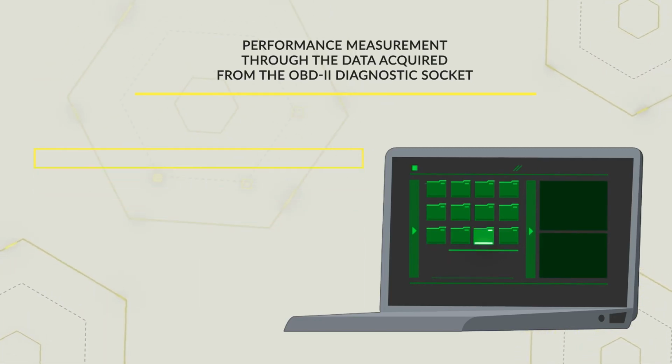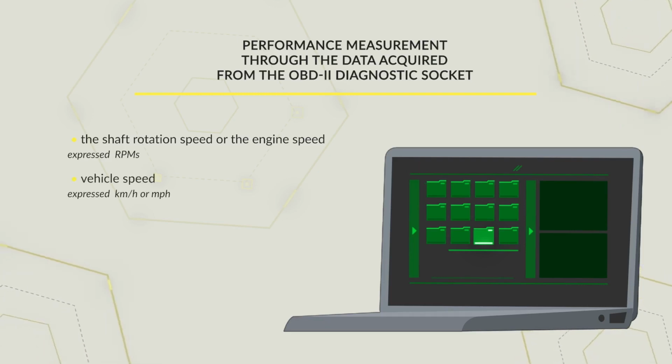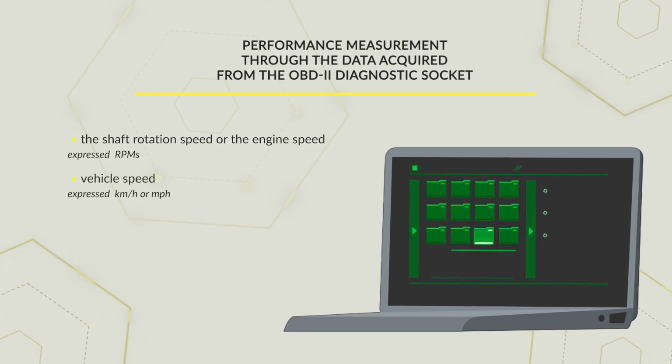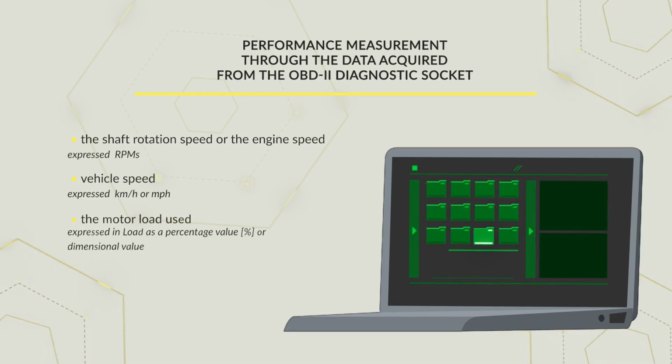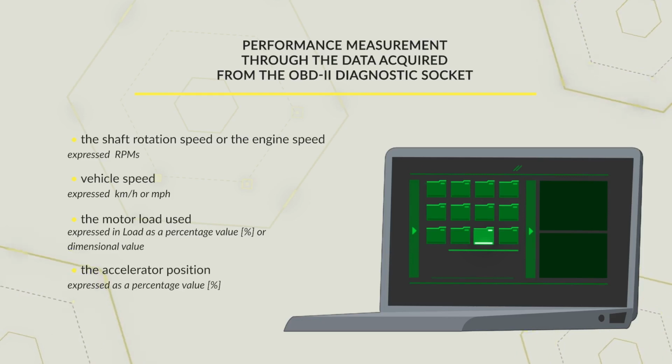More precisely, we are talking about shaft rotation speed or the engine speed, expressed in RPMs; vehicle speed, expressed in kilometers per hour, or miles per hour, depending on the measurement system, international metric or British imperial; motor load used, expressed as a percentage value or dimensionless value; and accelerator position, expressed as a percentage value.